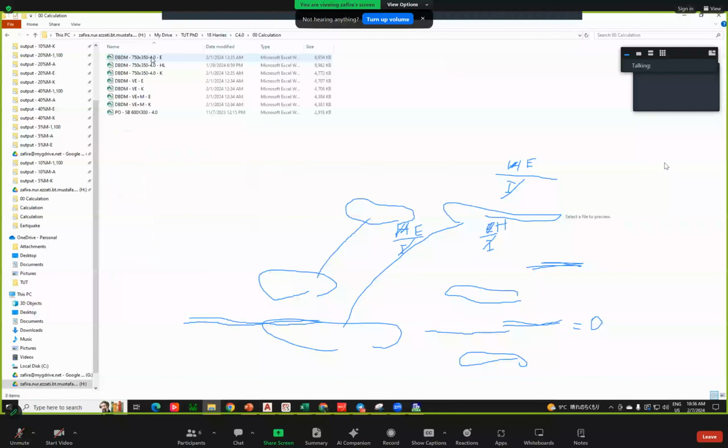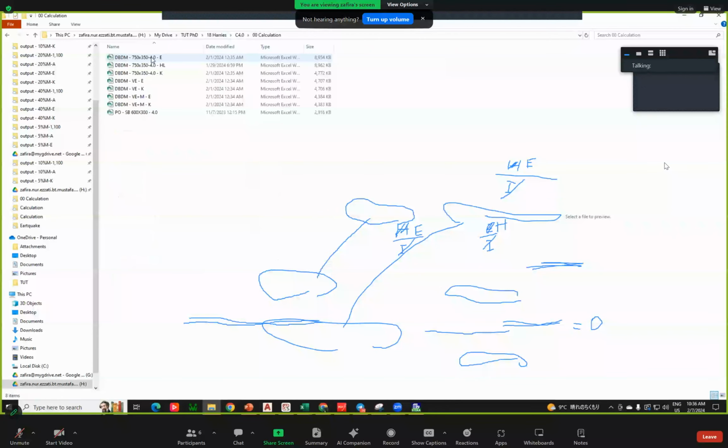So, for example, if we calculate the damping coefficient, and if there is a hysteresis, this equivalent damping is 1/4 pi, and the energy of hysteresis, this area, divided by W. And this is the potential energy of this triangle, right? Okay.